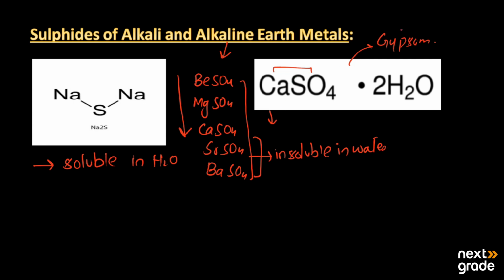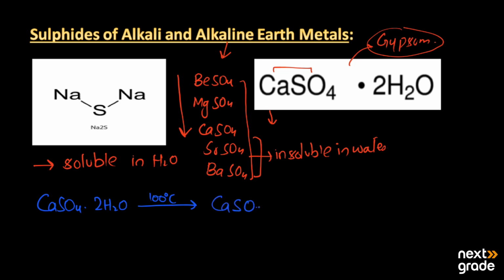Here is the formula of gypsum, which is calcium sulfate dot 2H2O. It occurs in nature, and when it is heated above 100 degrees Celsius, it changes into calcium sulfate dot H2O, losing three-fourths of its water.